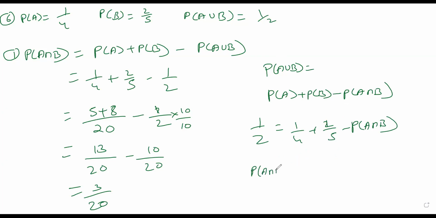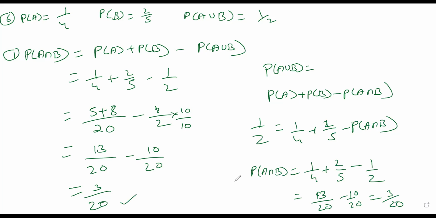P of A intersection B is equal to 1 by 4 plus 2 by 5 minus 1 by 2. This is 13 by 20 minus 10 by 20. Your answer is 3 by 20.